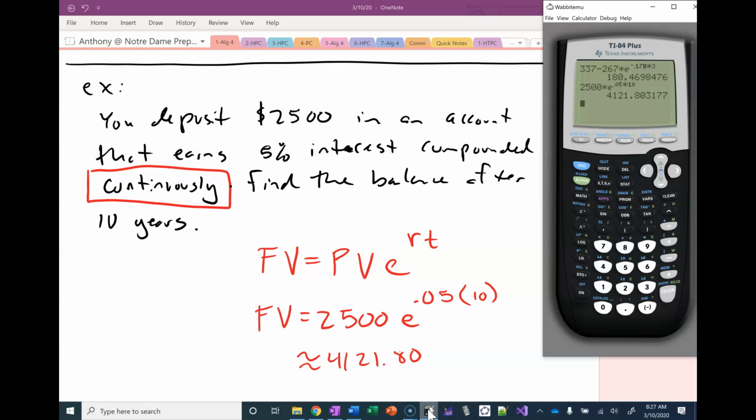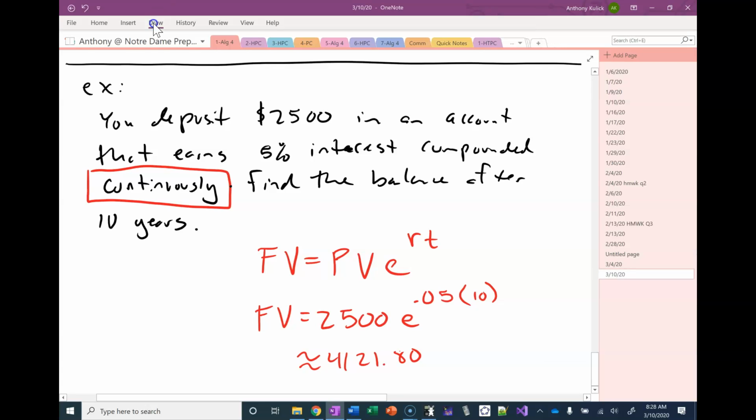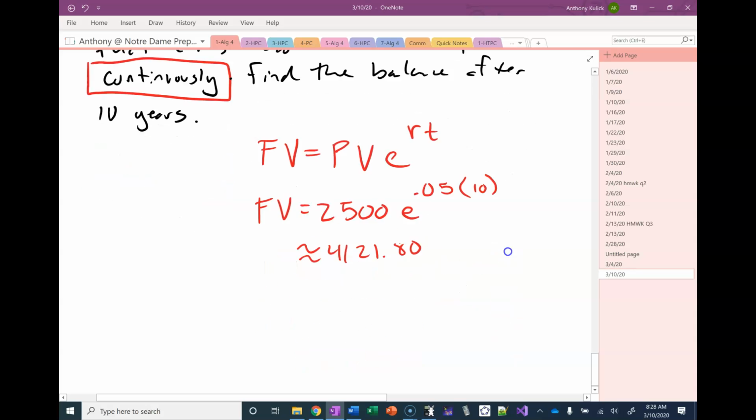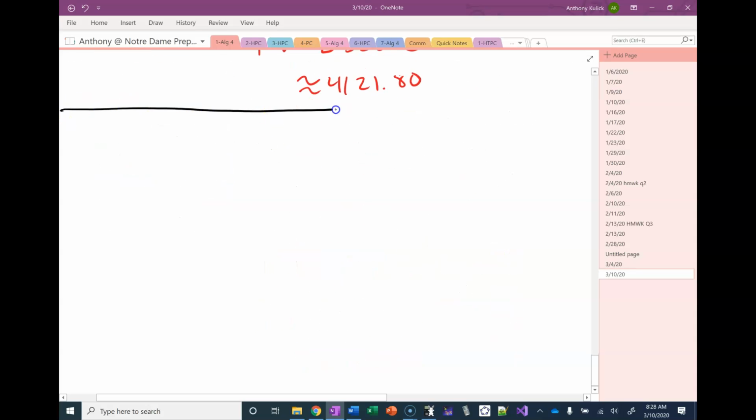Do you feel okay doing this? Okay. So that'll finish up that section for us. If you remember, when we started this chapter, we said it was going to be about exponential functions and logarithmic functions.